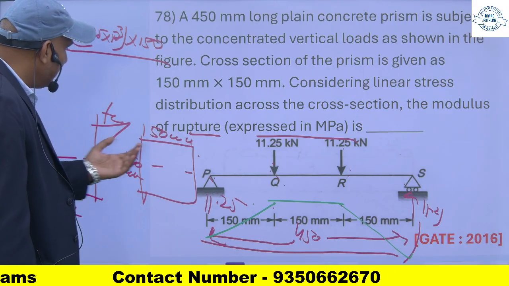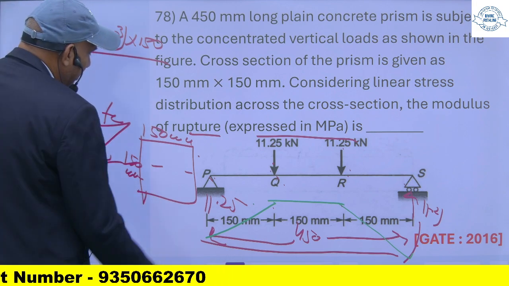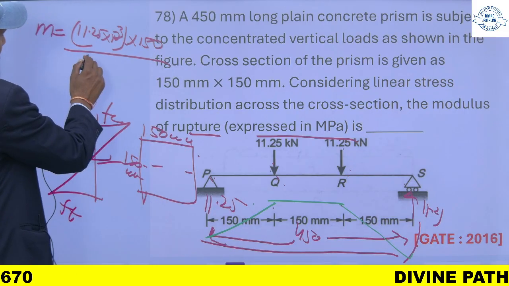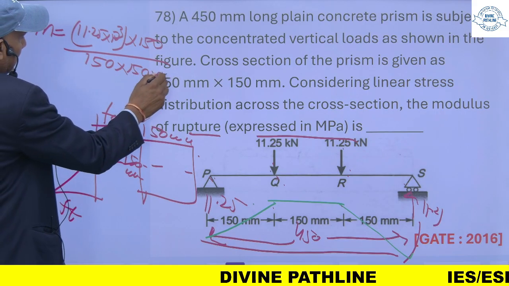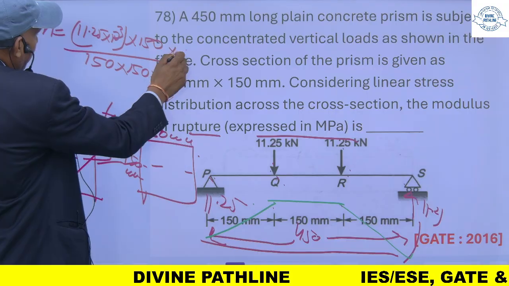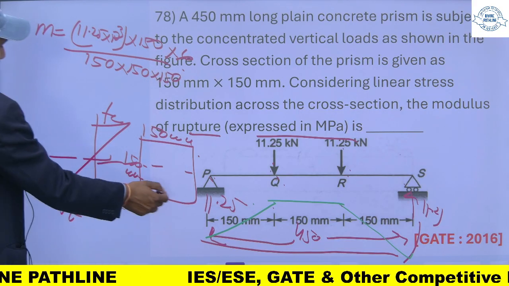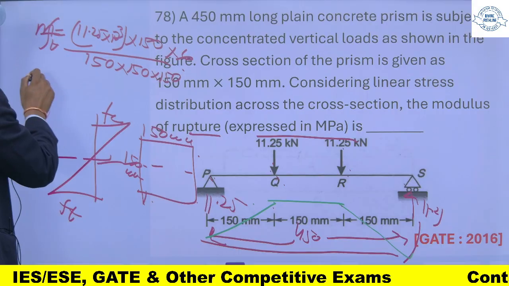So we will get the same stress at the top and bottom fiber. This divided by Z. Z is the section modulus. Section modulus will be B D square by 6. So this way you will get the maximum bending stresses, same in the top and bottom fiber. So this is FT, you can say.